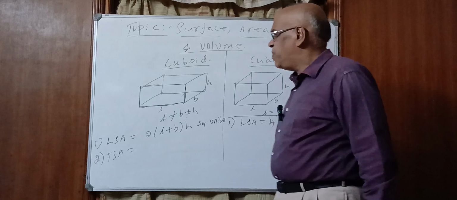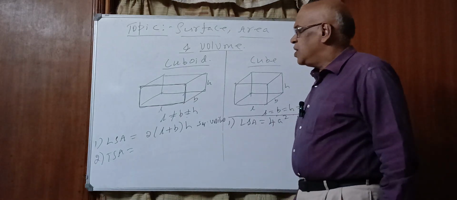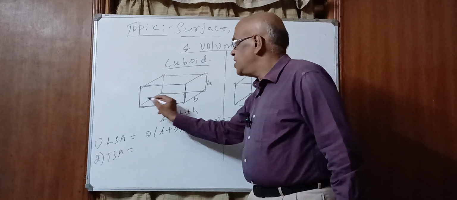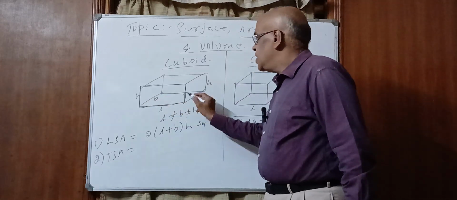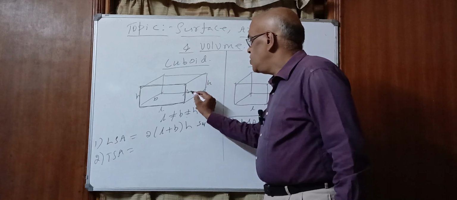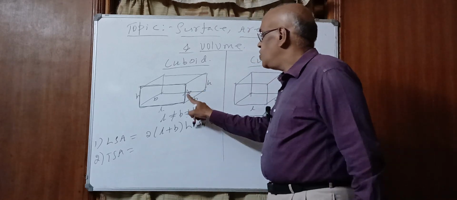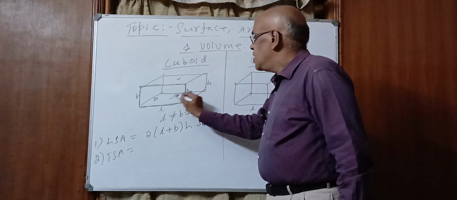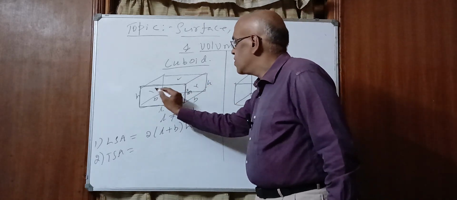Length into breadth. This is breadth, this is height. Breadth into height. Such two figures are there. Here, length into breadth. Length into height. Come here children. There are two such figures.